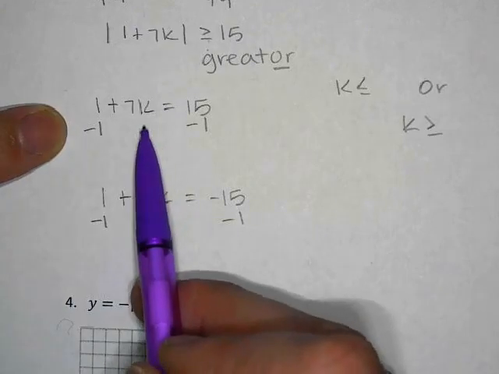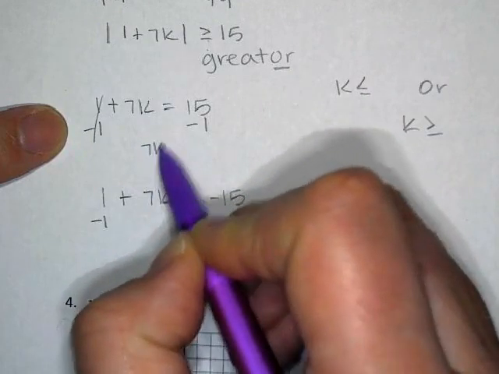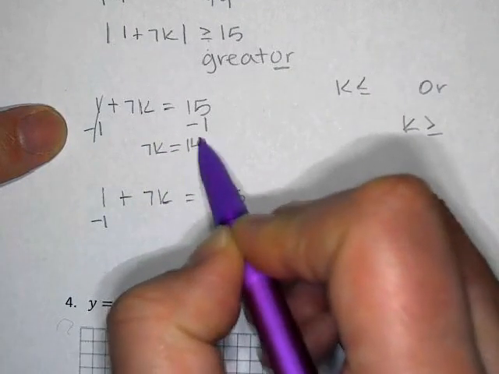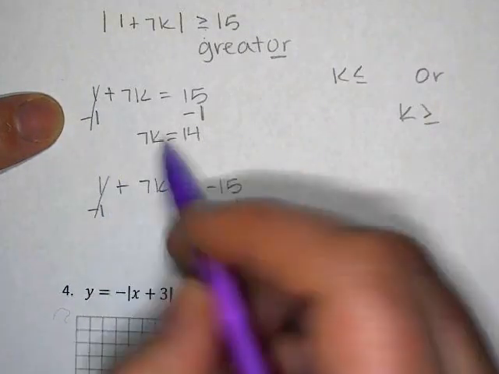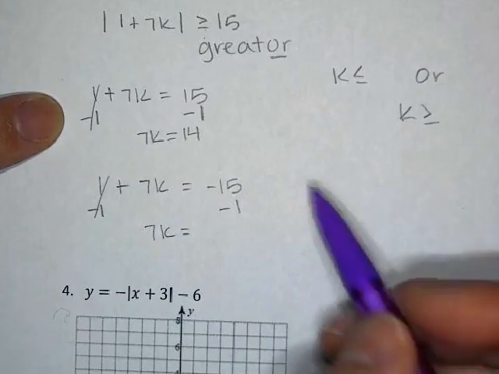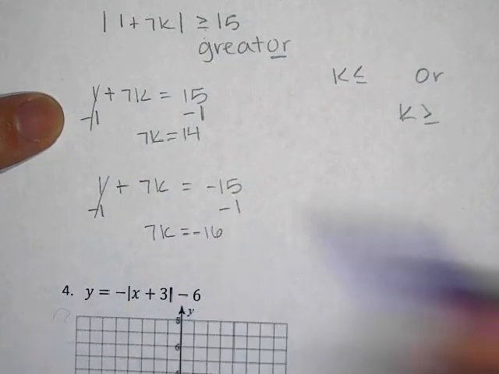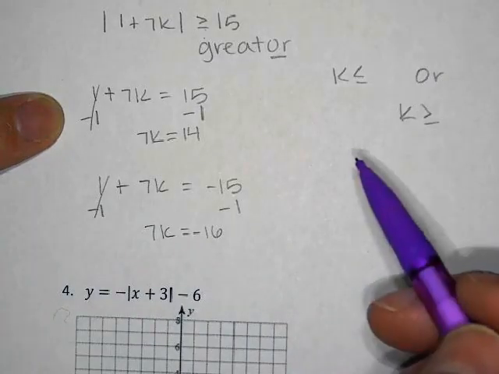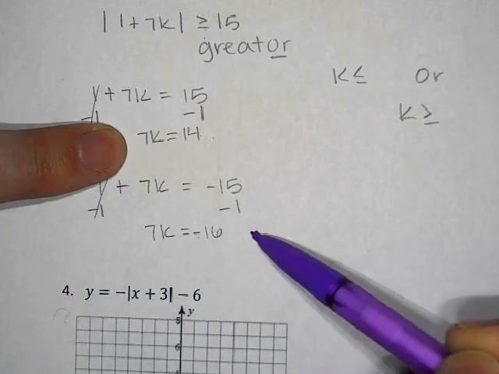So for the first equation, I have 7k equals what? 14. For the second equation, I have 7k equals negative 16. Okay? And so what am I going to do next to get the k alone?